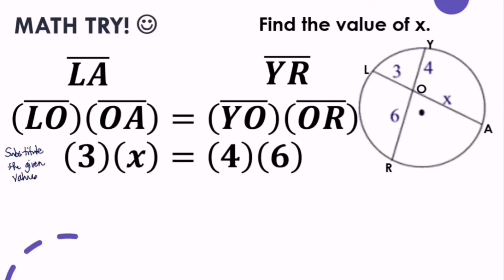It says here that LO here is 3, OA is X, YO is 4, and then OR is 6. And then we're going to simplify. So 3 times X, that is 3X, and then 4 times 6 is 24.